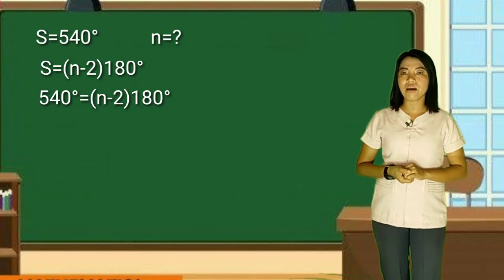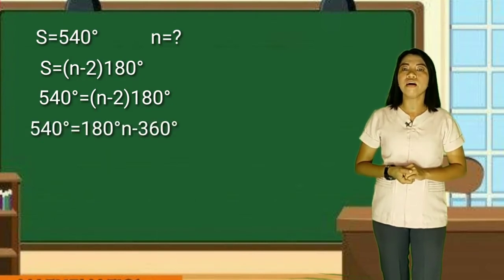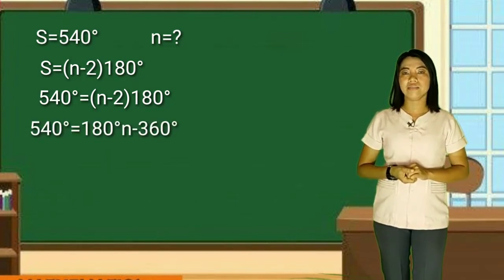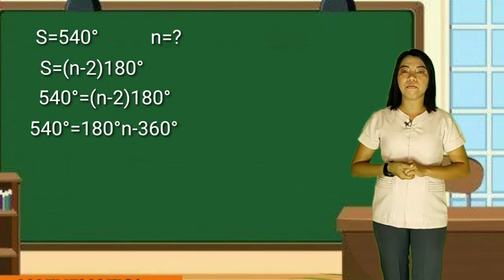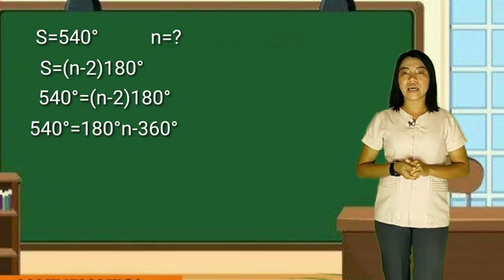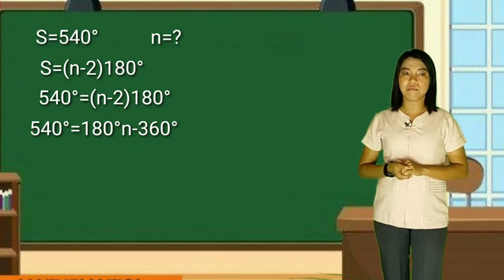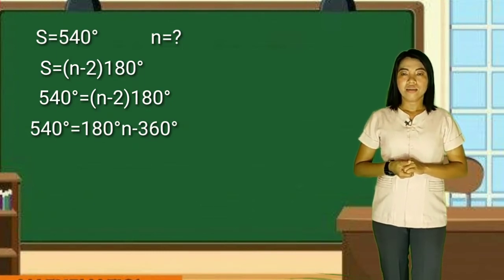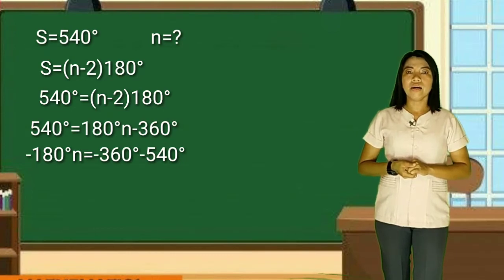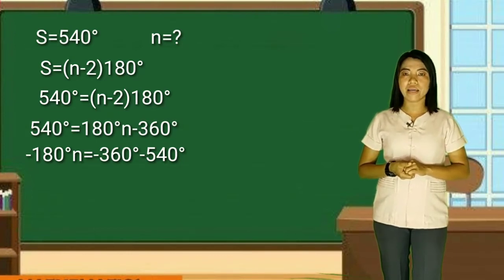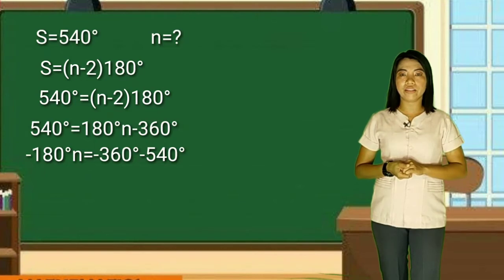So we have 540 degrees is equal to 180n minus 360. So using the distributive property, you multiply n times 180, so we have 180n. Negative 2 times 180, we have negative 360. So the next step is, negative 180n is equal to negative 360 minus 540.